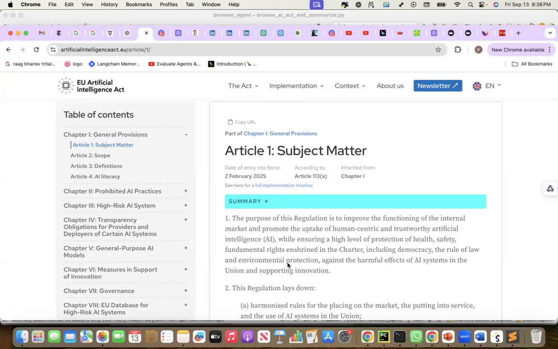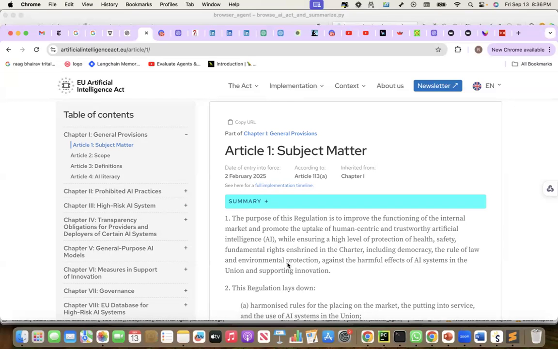I'm going to show you a demonstration of this. I was amazed by the output it created, with hardly any hallucination.